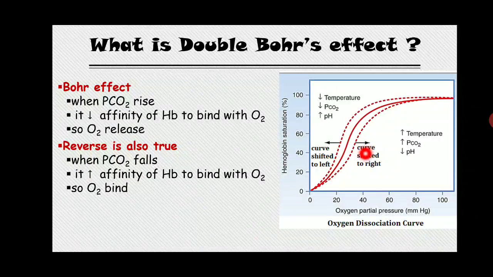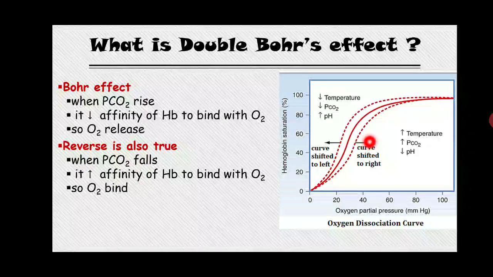Got it? So at the level of the placenta, let me repeat one more time. At the level of the placenta, the fetal circulation will lose carbon dioxide, as carbon dioxide is diffused from fetal to maternal circulation. This leads the fetal blood to lose carbon dioxide.